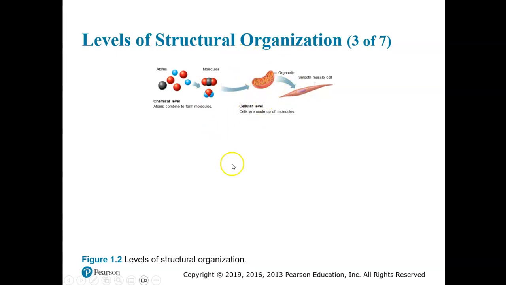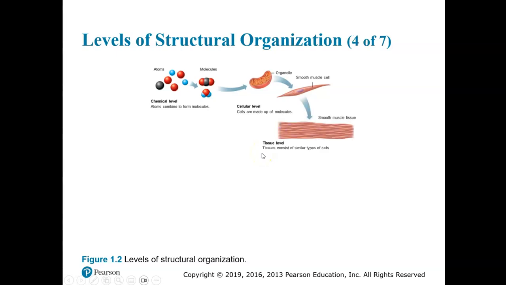The organelle you're looking at here is a mitochondria, which is the powerhouse of the cell, if you've learned any biology in your life, maybe in high school. The organelles combine, in combination with the plasma membrane or the cell membrane, to make a cell. And what you're looking at here is a smooth muscle cell.